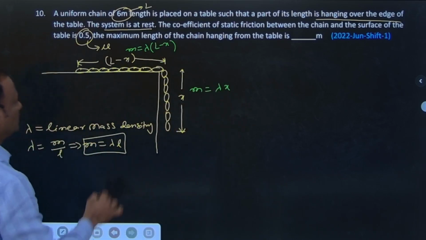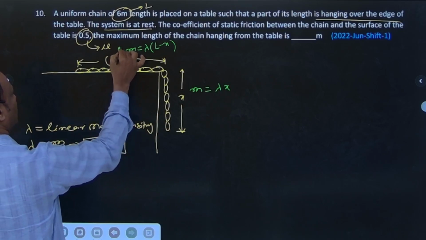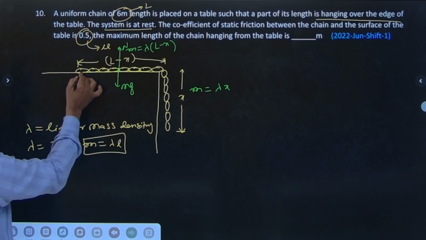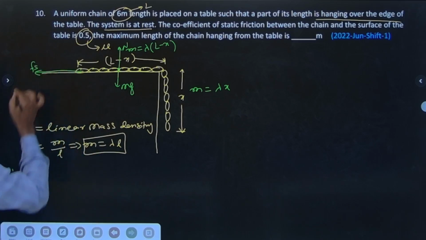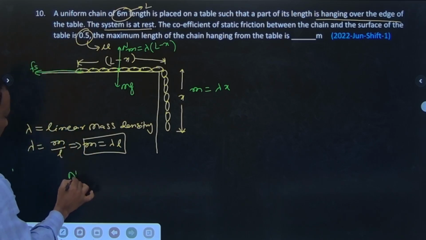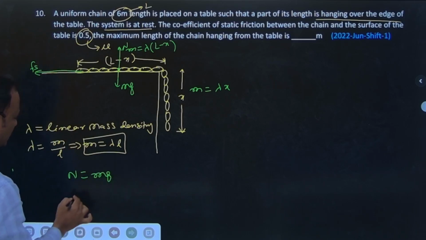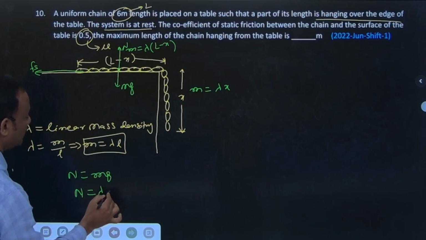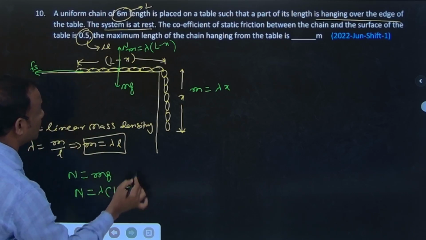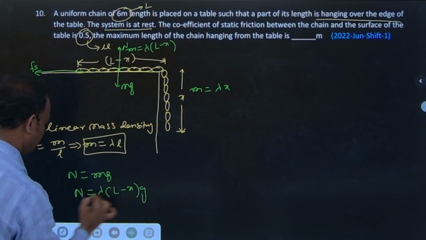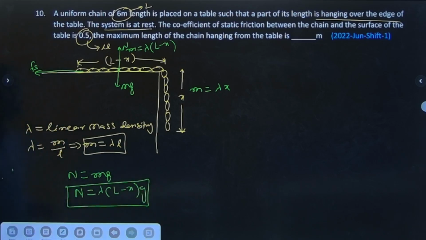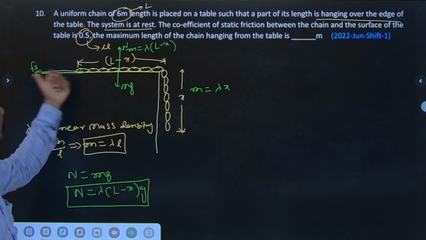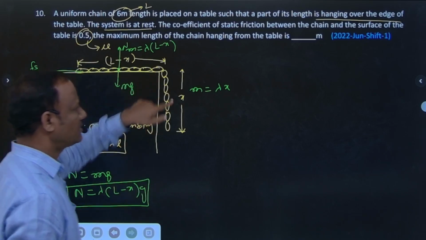What is the normal reaction? Normal reaction is N, its weight is mg, and the frictional force Fs acts like this. So N is equal to mg, that is lambda into L minus x into g. Why is it balanced here? Because the frictional force is balanced by the weight of the hanging part.